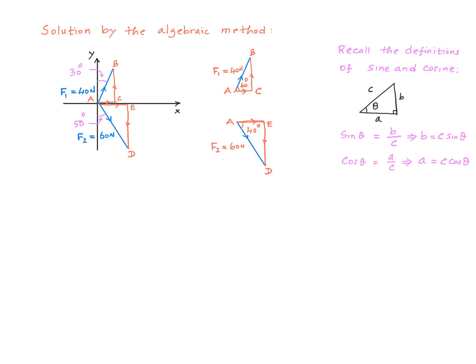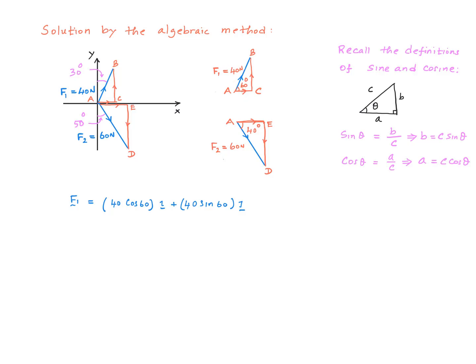And similarly, here's the definition of cosine theta. Cosine theta equals the adjacent length divided by the hypotenuse. And from that, we get this equation for A, right? Let's work on F1 first. So looking at this triangle, with respect to this angle 60 degrees, AC is the adjacent side, and therefore by this equation, AC equals 40 cosine 60, right?